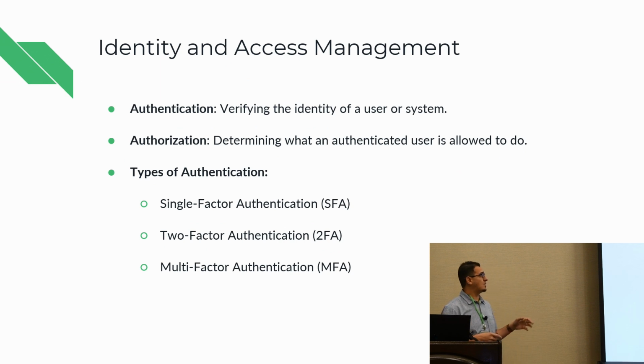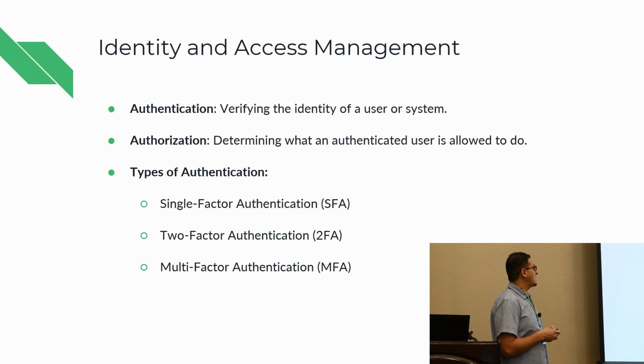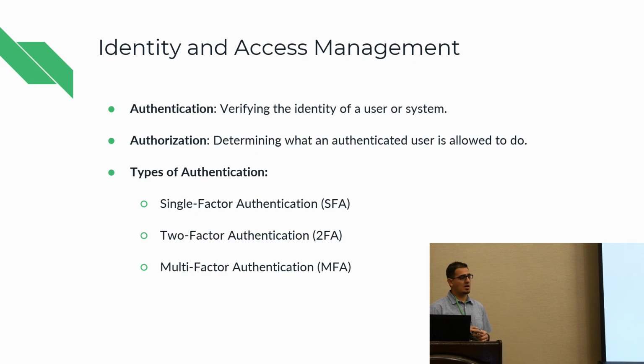That's the authorization. So that's the slight difference between the two. We do have different types of authentication: single factor, two-factor, and multi-factor authentication. We'll cover these authentication types in a little more detail in the upcoming slides.